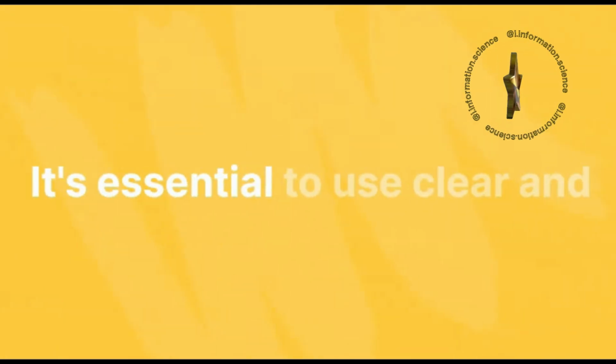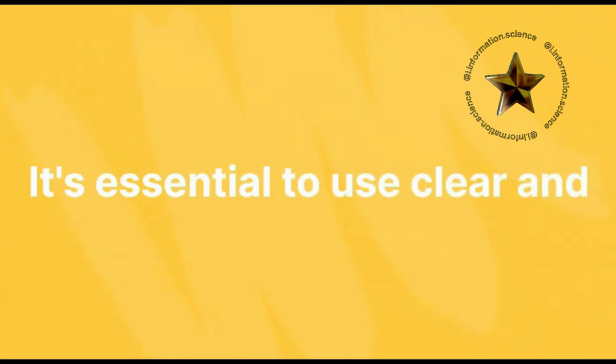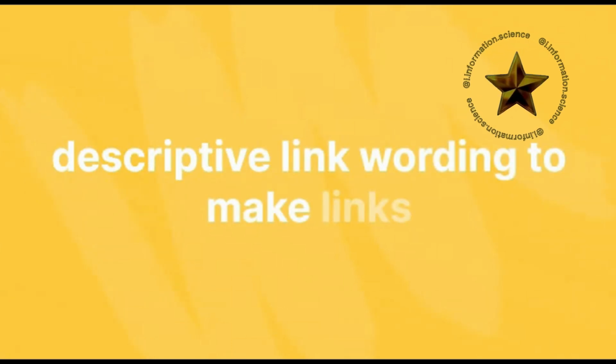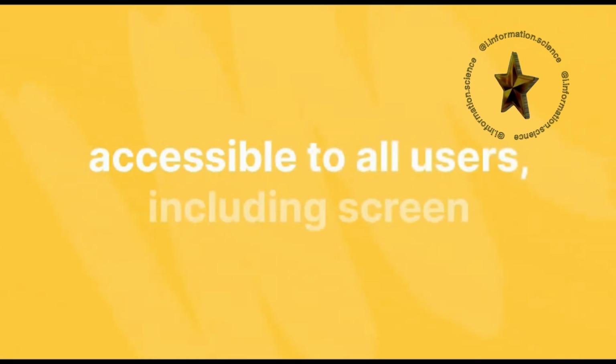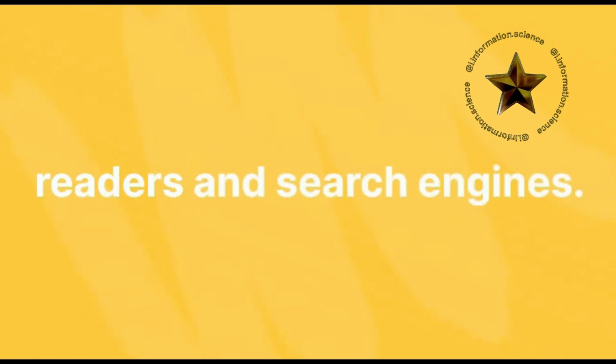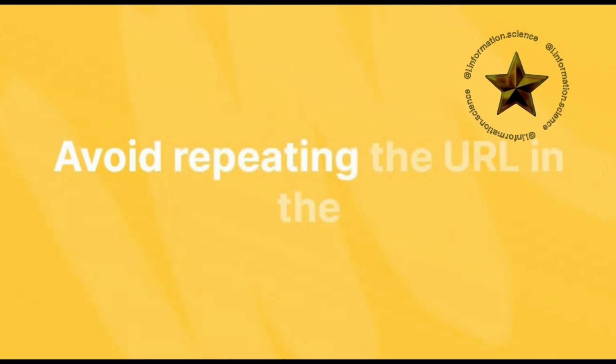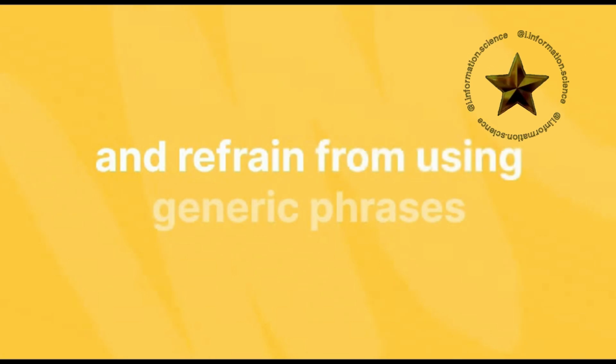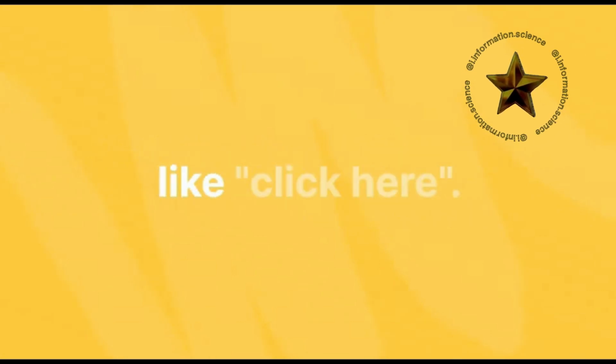It's essential to use clear and descriptive link wording to make links accessible to all users, including screen readers and search engines. Avoid repeating the URL in the link text, keep the text concise, and refrain from using generic phrases like "click here."